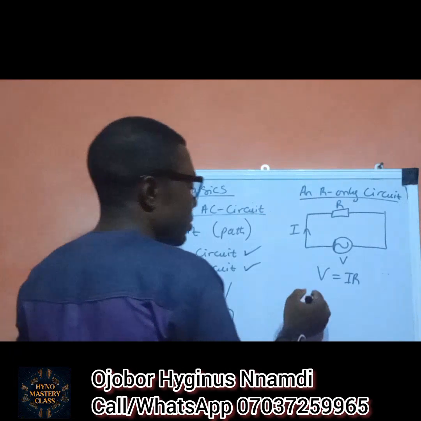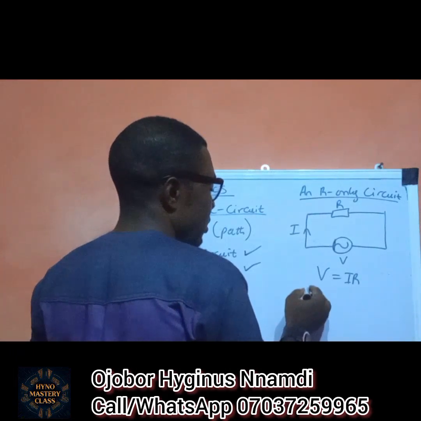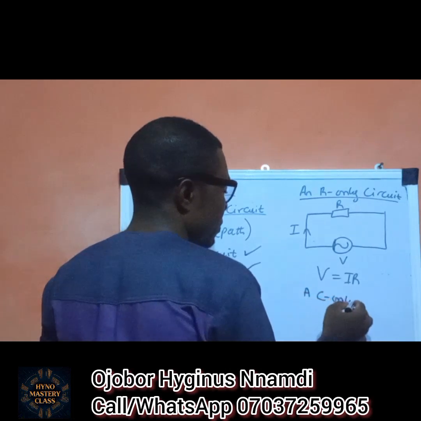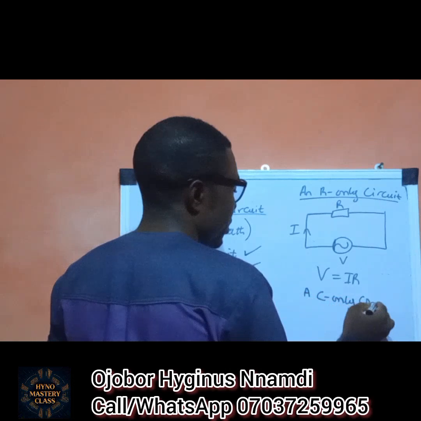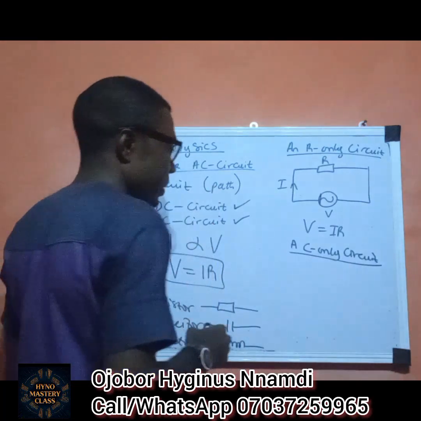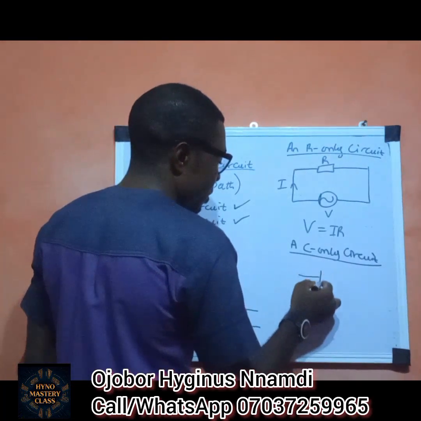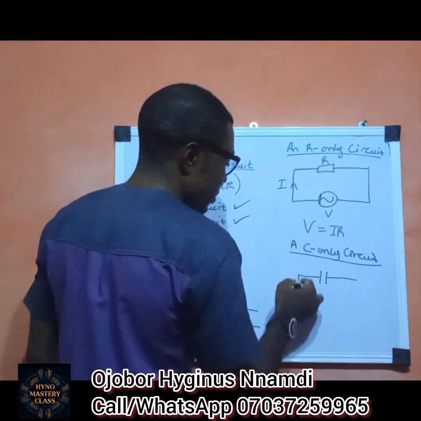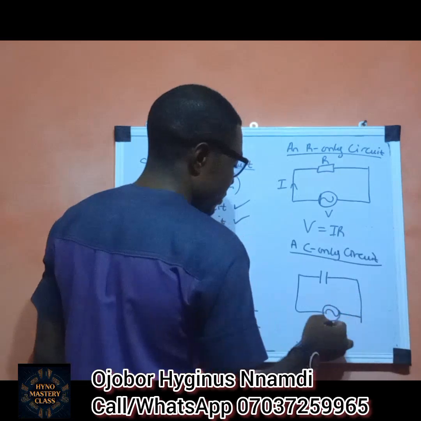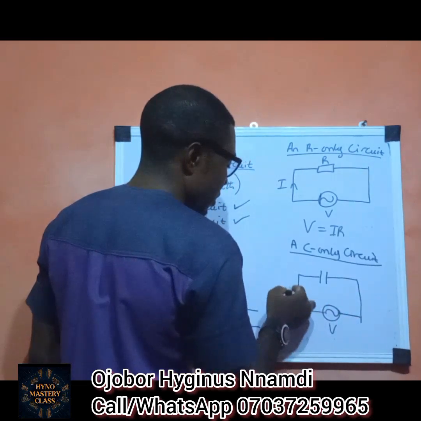Another circuit you have in an AC is a C-only circuit, that is, a circuit that contains only a capacitor. It is going to be like this. This is a capacitor, this is a supply V, this is our current.